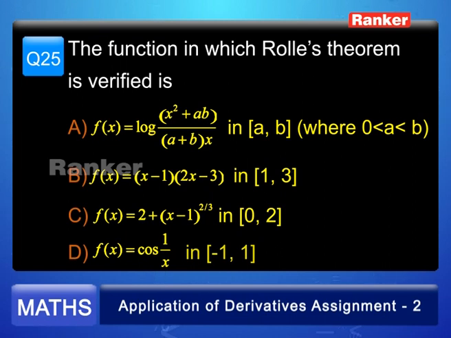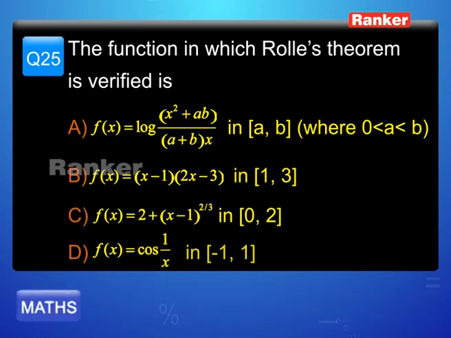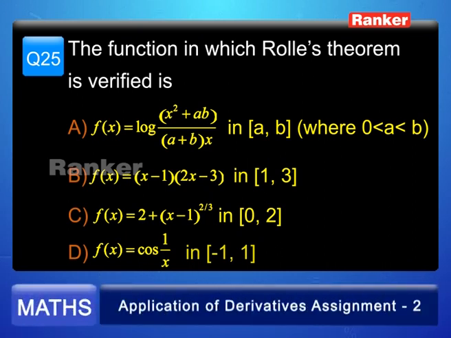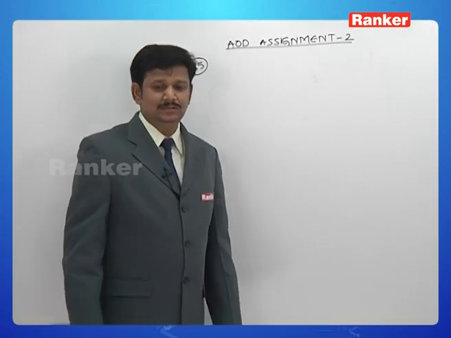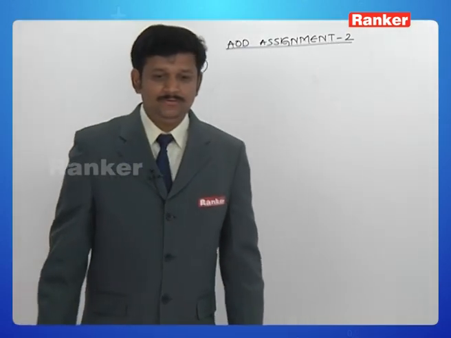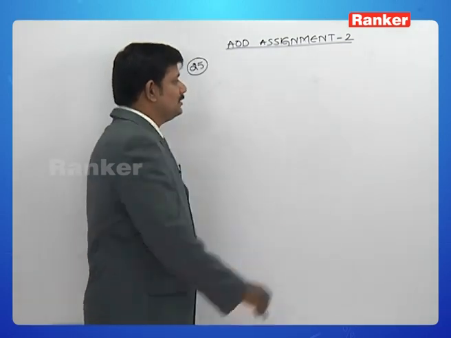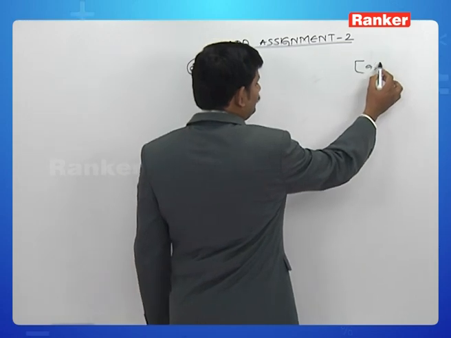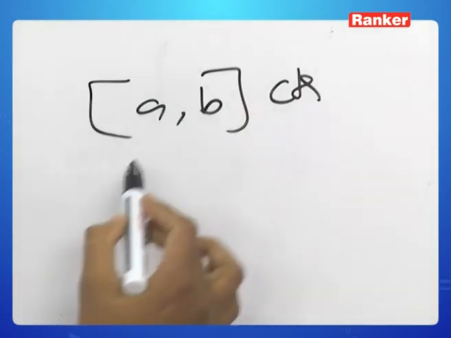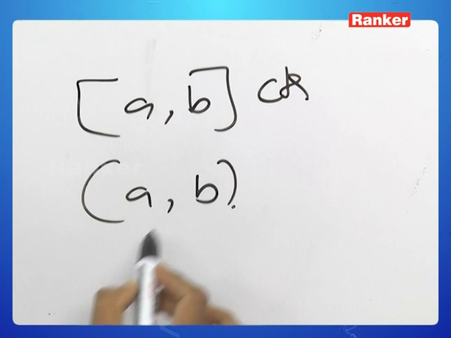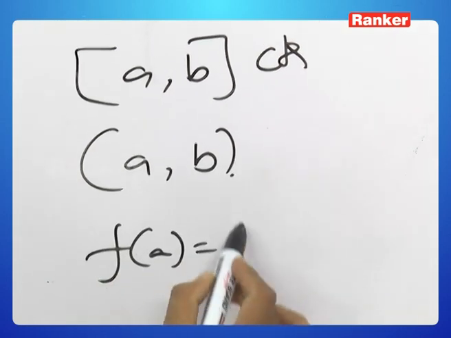Option C, f of x is equal to 2 plus x minus 1 whole power 2 by 3 in closed interval 0 to 2, and option D, f of x is equal to cos 1 by x. F of x equal to cos 1 by x is clearly discontinuous at 0. For Rolle's theorem to be verified, we know function has to be continuous in closed interval a to b, differentiable in open interval a to b, and f of a to be equal to f of b.